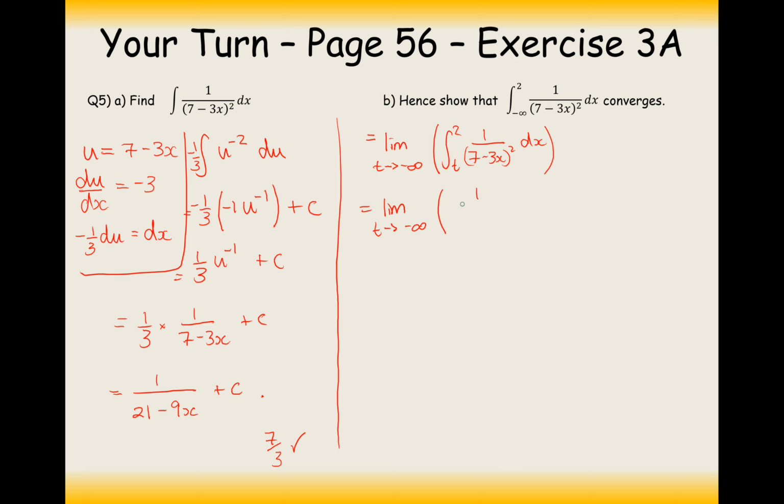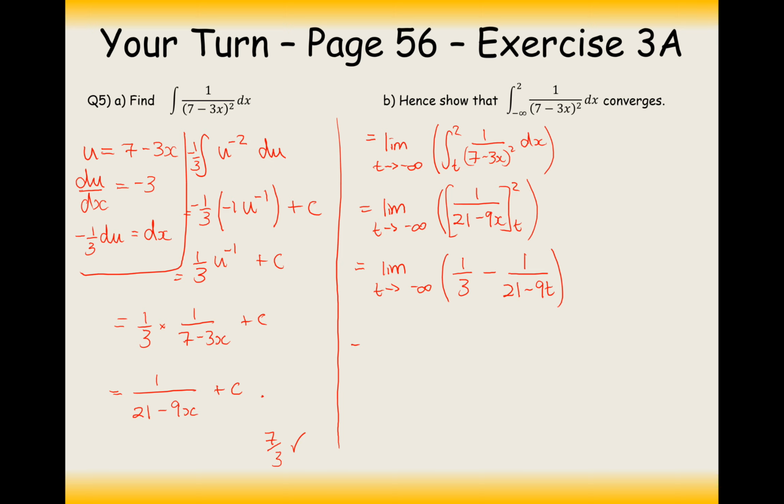It's going to be 1 over 21 minus 9x, and I'm going to put that in between the boundary of 2 to t. Let's now substitute those boundaries in. It's going to be substituting 2 in, that would be 18, so that would be 21 minus 18, that would be a third. Minus t substituted in, so that would be 1 over 21 minus 9t.